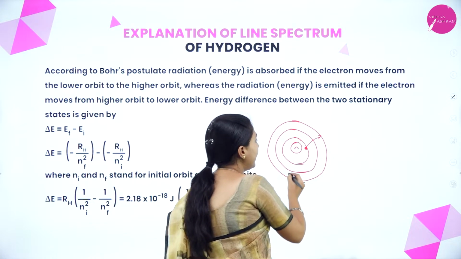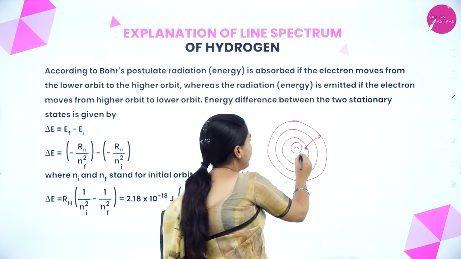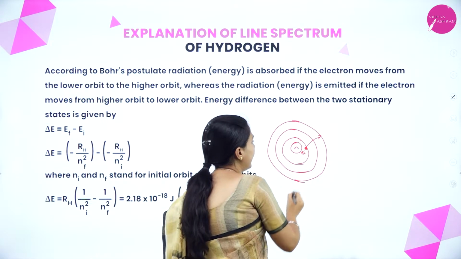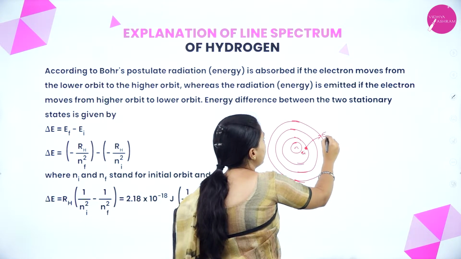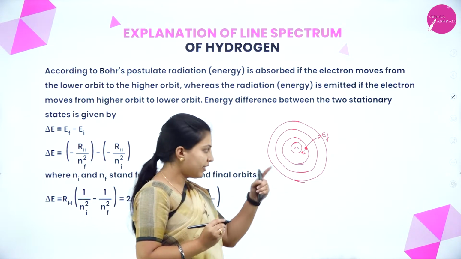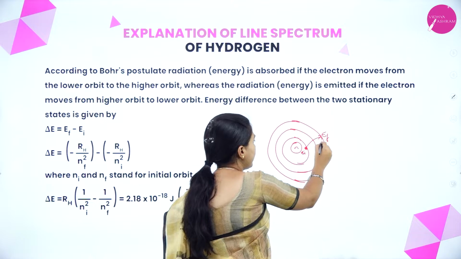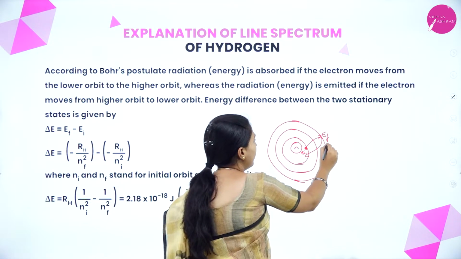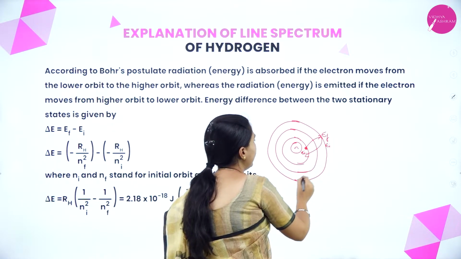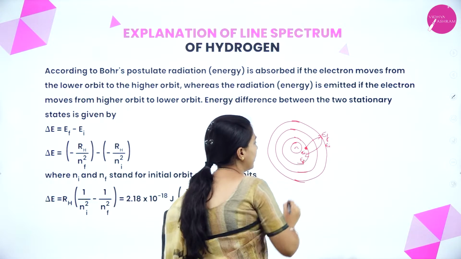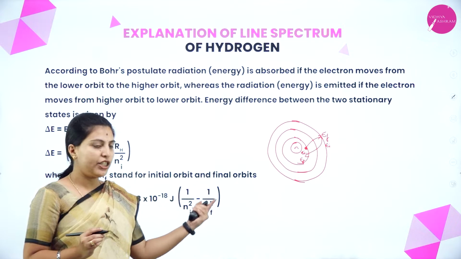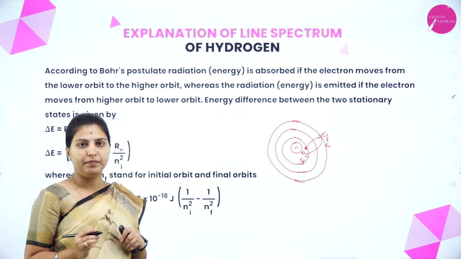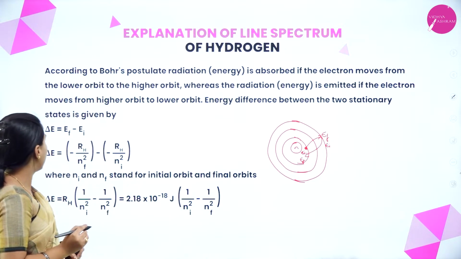Where it started jumping, we will call it Ei, and where it jumped to, we will call it Ef. If it comes back to the original state, then the energy levels are swapped. Ei means initial, Ef means final, and E means energy.